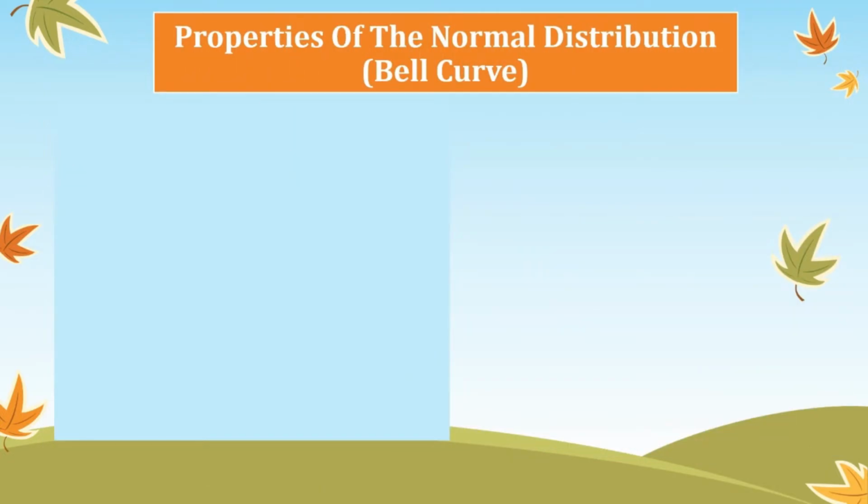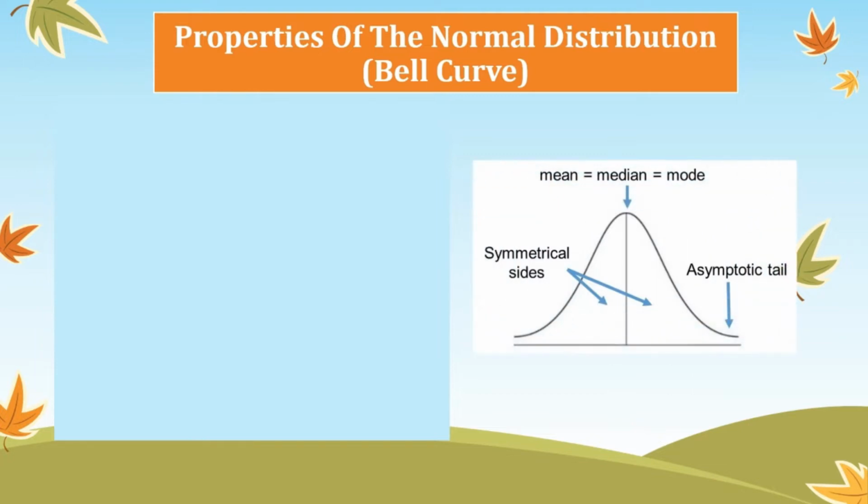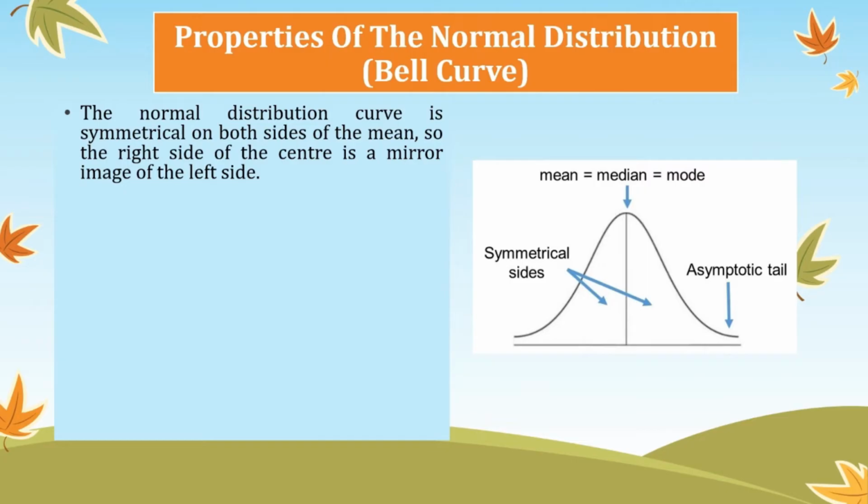Now let's look at the properties of the normal distribution or bell curve. So this is the bell curve. The normal distribution curve is symmetrical on both sides of the mean, so the right side of the center is a mirror image of the left side.